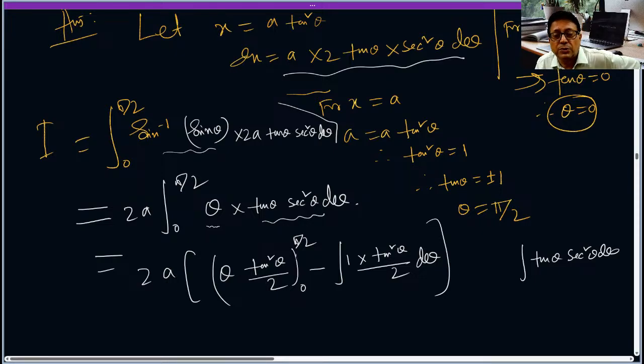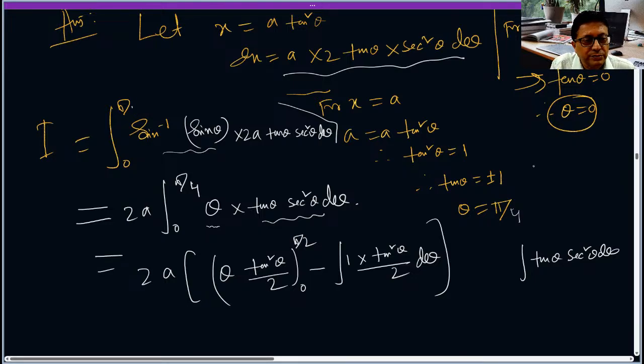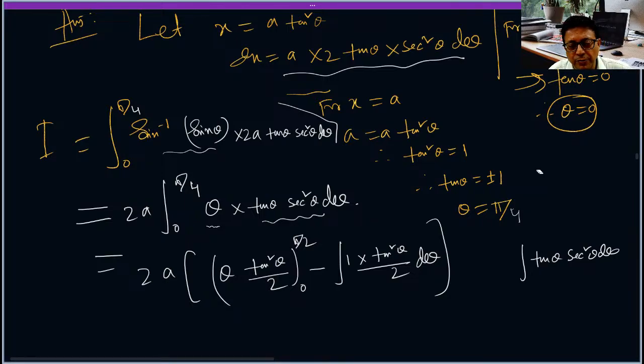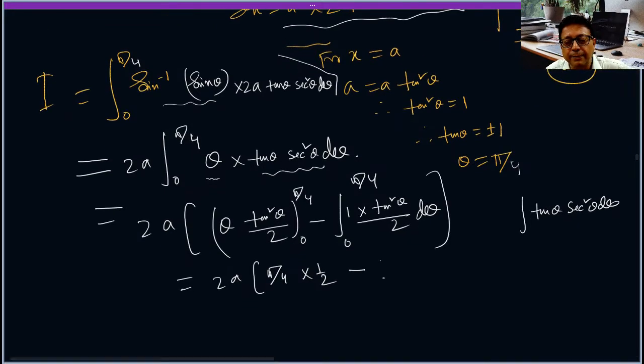Alright? Oh my god, this is pi by 4, no? That's why I am getting something undefined. This is pi by 4, not pi by 2. You could have told me before. It is 4, no? Zero to pi by 4. Upper limit, if you put tan pi by 4 is 1, so 1 by 2 minus the second part.